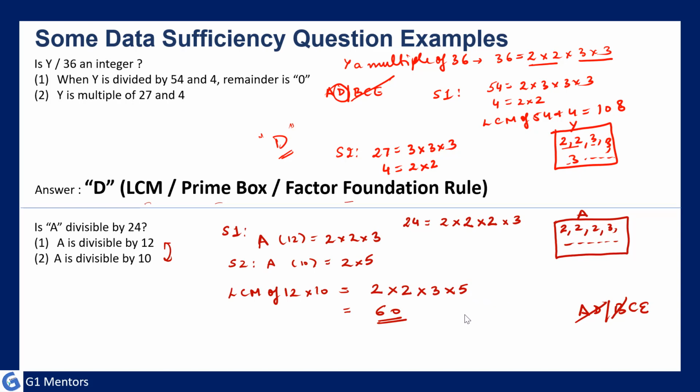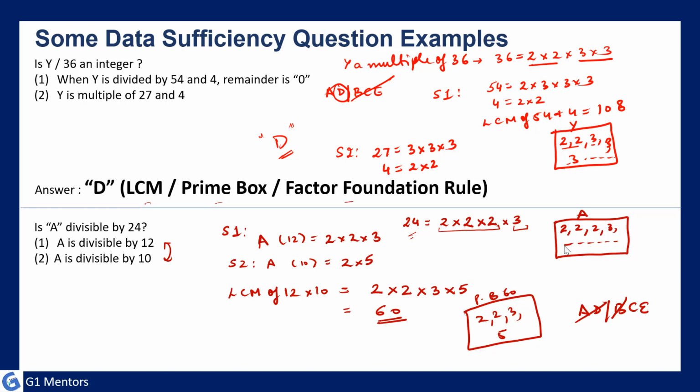Now the prime box of 60, if we consider the prime box of 60, it contains 2, 2, 3 and 5. However, for the 24, we require 3 2's and 1 3. Okay, so these two statements combined together also are not sufficient to answer whether A is divisible by 24.